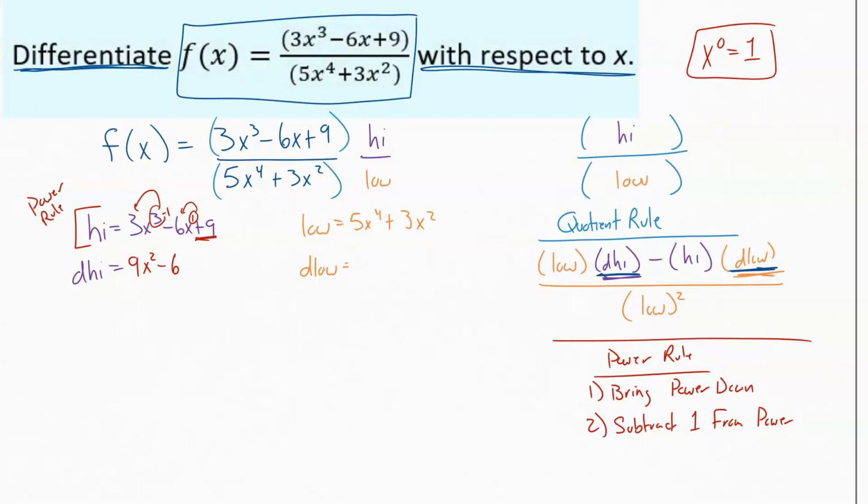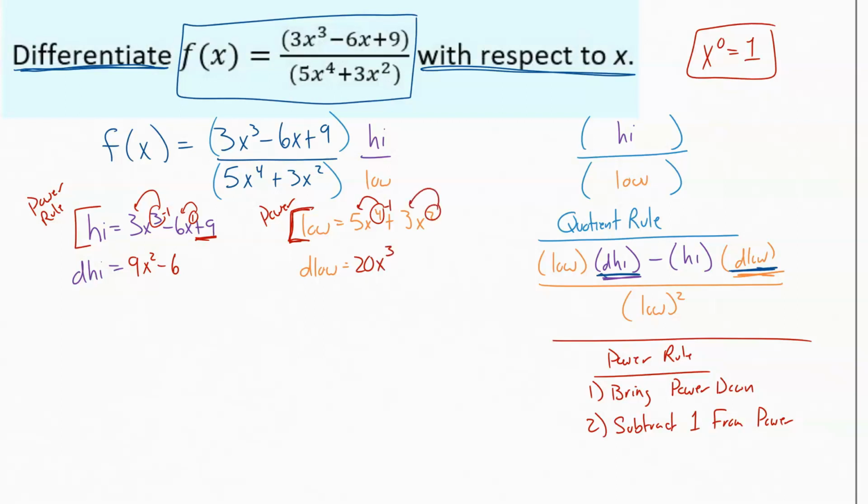Now we come over and look at just the low piece and ask, if that's my math problem, how do I find the derivative of that? Well, again, that's just a bunch of stuff being added and subtracted, so we're again going to apply the power rule. We bring our power down. 4 times 5 gets us 20x. Subtracting 1 from the power gets us x to the third.